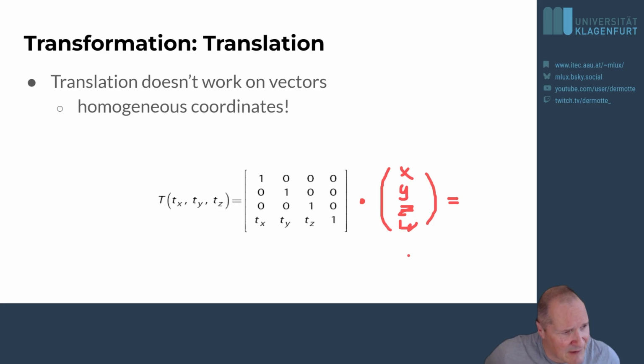So you can just compute what comes out of that, and you'll see that you'll end up with tx plus x, ty plus y, and tz plus z, if w is 1. If w is 0, the vector stays unchanged. That's the cool part.